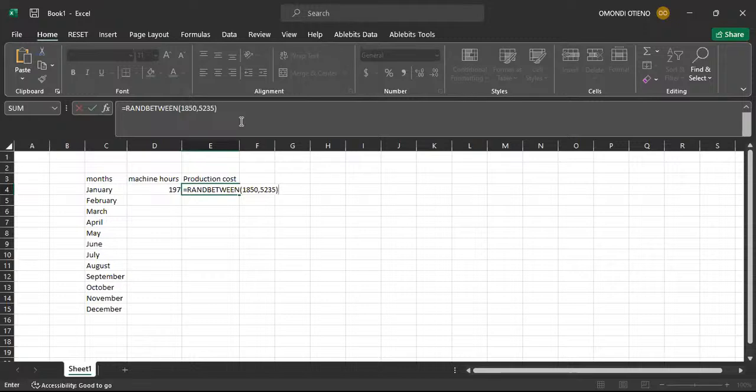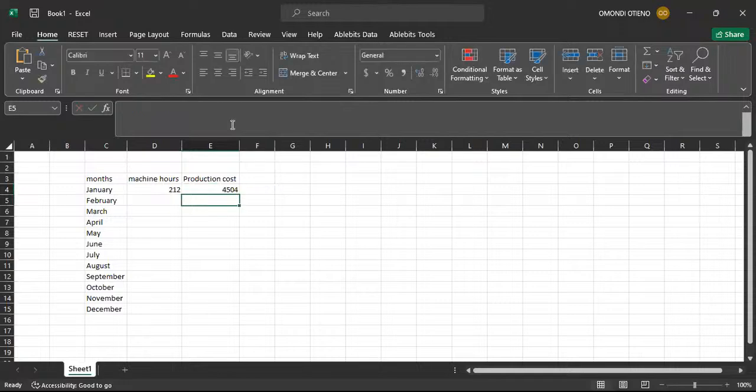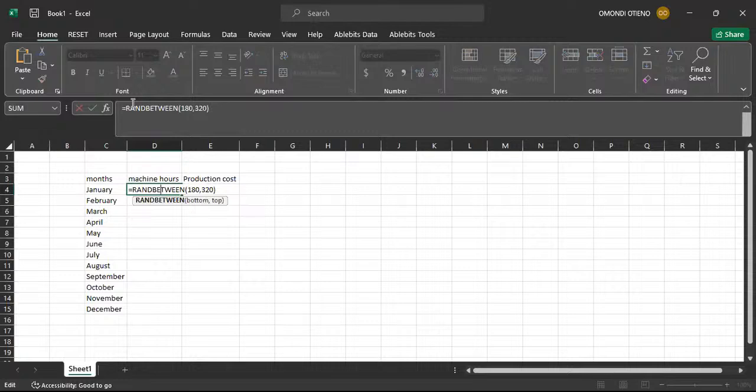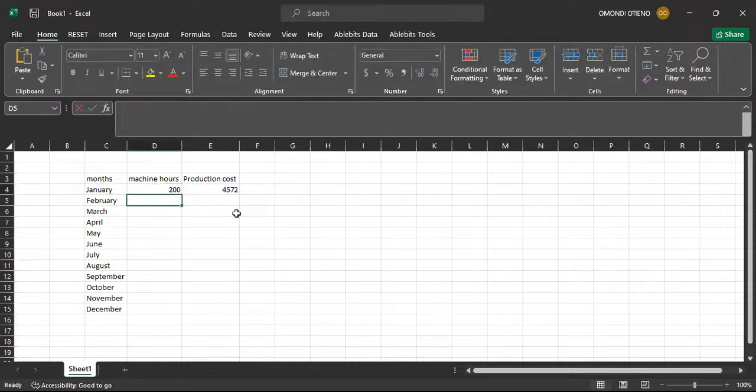So you're going to have random numbers. I'm really sure that your figures are not the same as what I have here, even though the range is the same. We have applied the same RANDBETWEEN, the lowest is 180, the highest is 320, for the machine hours column.